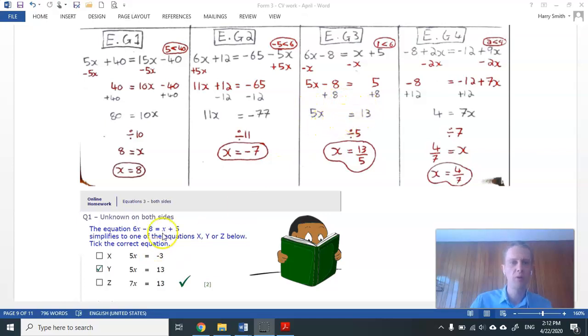What that first worded question is asking you to do, basically, is manipulate this equation to get your x's on one side and your constants on the other side. Okay, but it's not asking you to solve that equation. Obviously, from there you could get your x equals 13 over 5. That'll be the first question you'll do on this online worksheet.